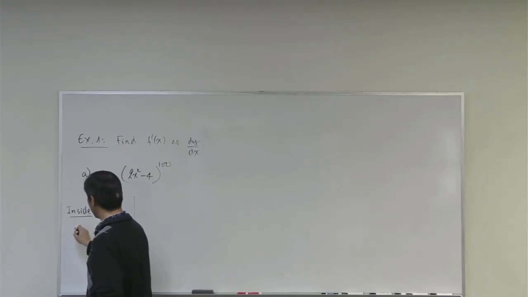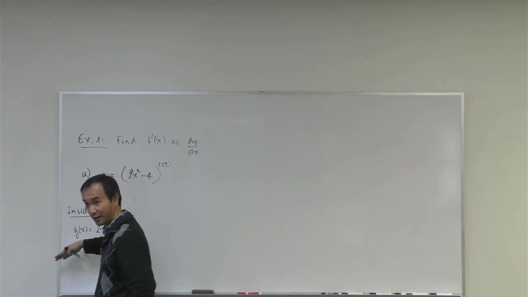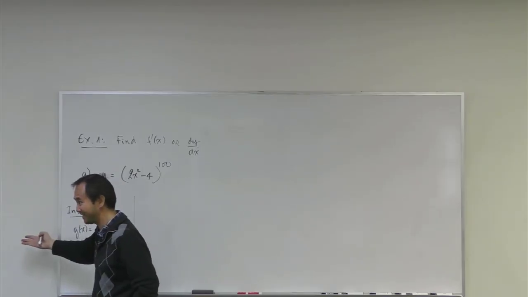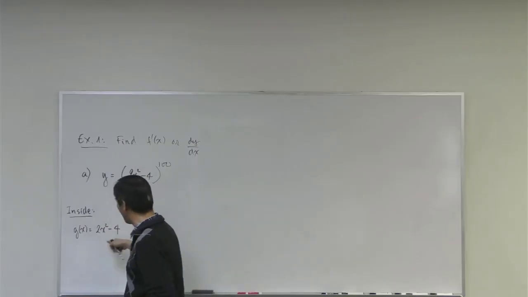So you can go with the whole g(x) being 2x² − 4. And why am I saying that we recognize the inside? Because once we recognize the inside, whatever applies on top of this, we call that the outside. What applies to this whole 2x² − 4 is the power 100.